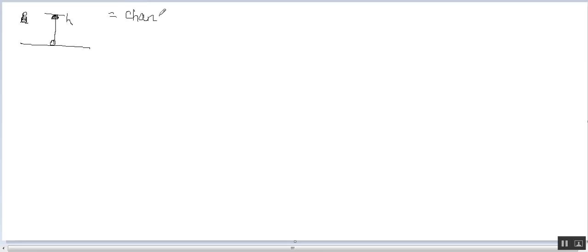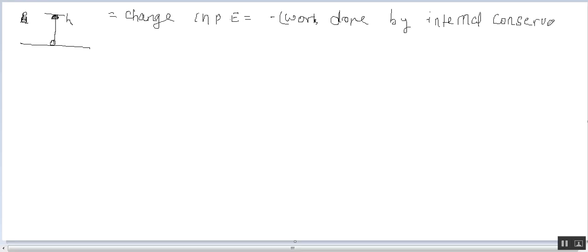Change in potential energy is equal to minus of the work done by internal conservative forces.